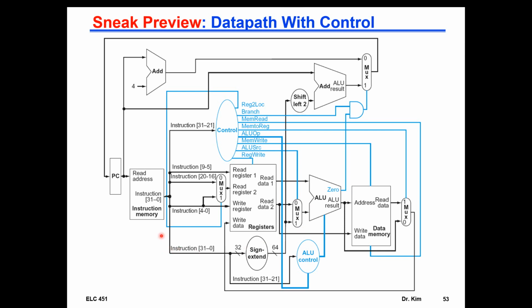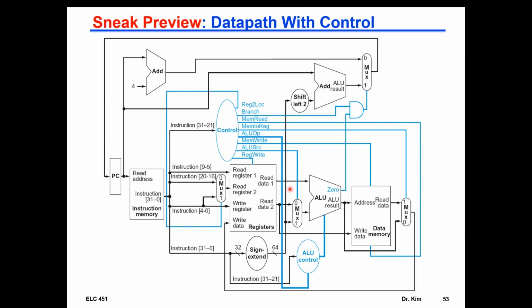What else do we have here? Sometimes this represents an immediate operand which goes through this mux here to the ALU, but sometimes that immediate is a branch target.